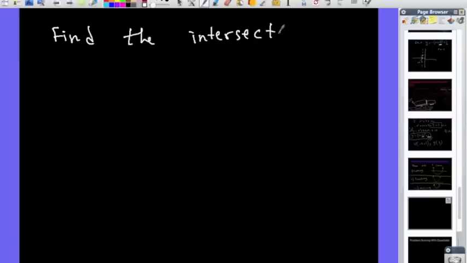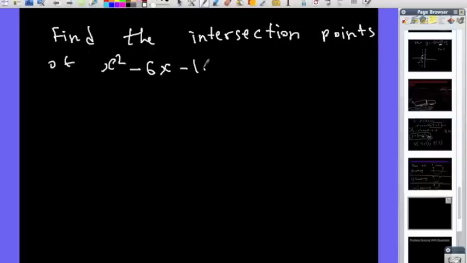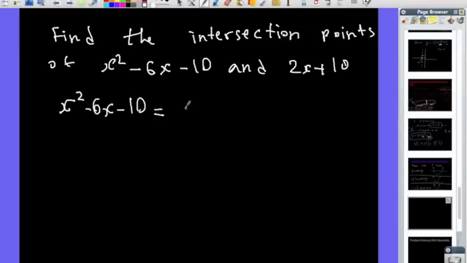If they say find the intersection points of x squared minus 6x minus 10 and 2x plus 10, what you do is write x squared minus 6x minus 10 equals 2x plus 10.